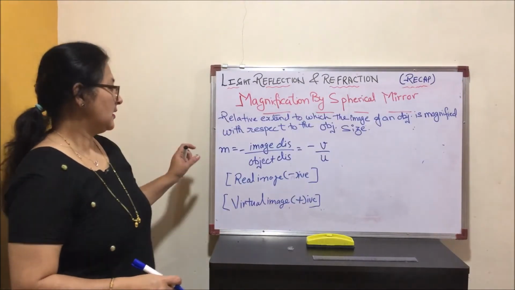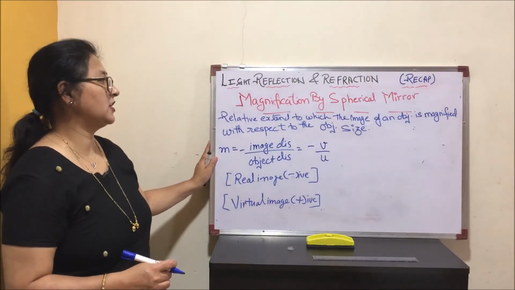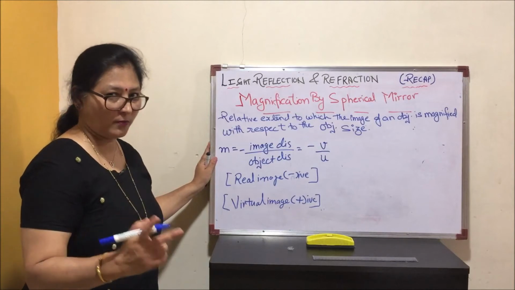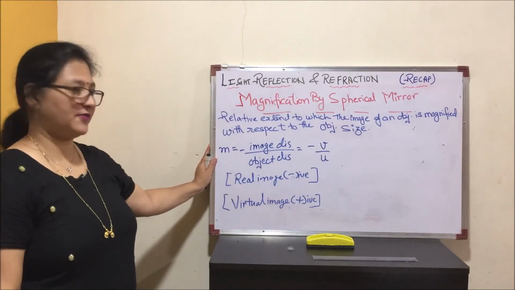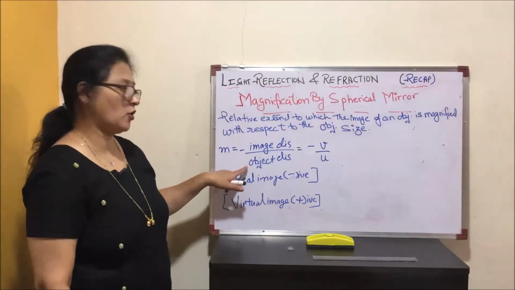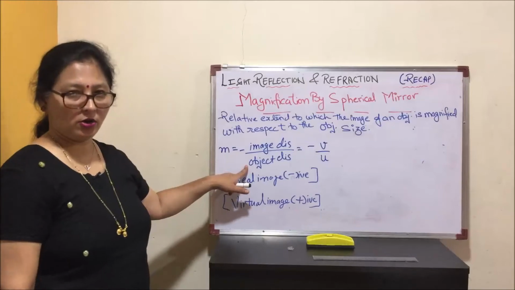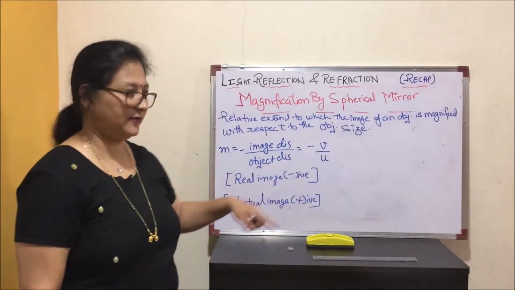So children, here we have two formulas of magnification by spherical mirror, right? This one is image distance upon object distance, so this is a ratio of image distance and object distance, but negative, right?